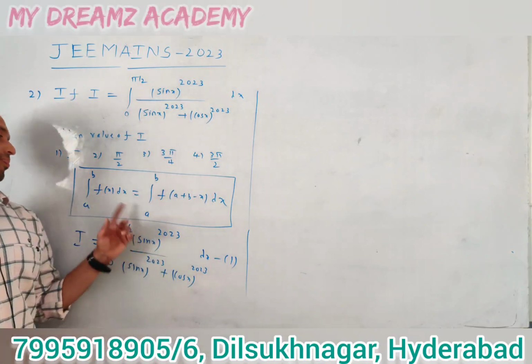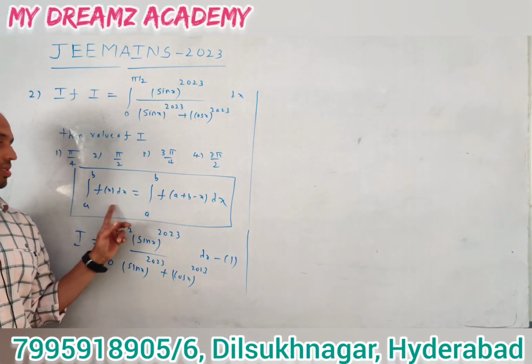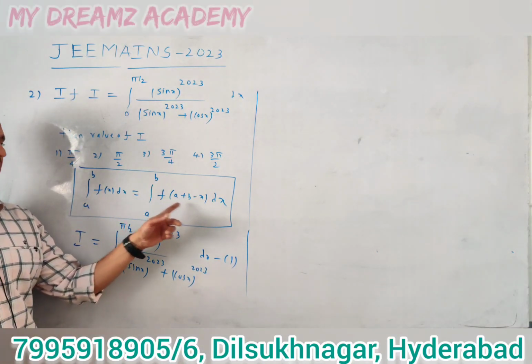Now apply this formula: the integral from a to b of f of x dx equals the integral from a to b of f of (a plus b minus x).